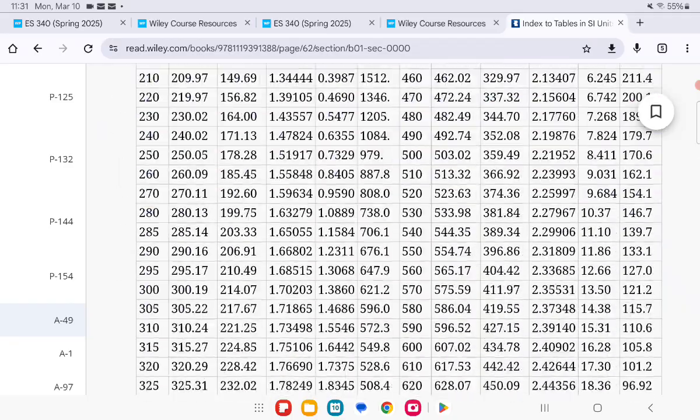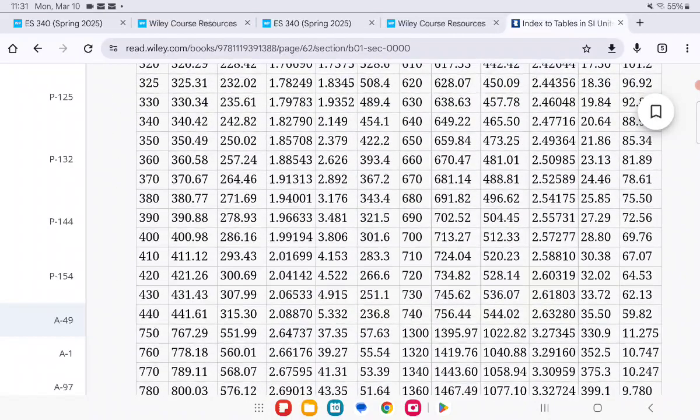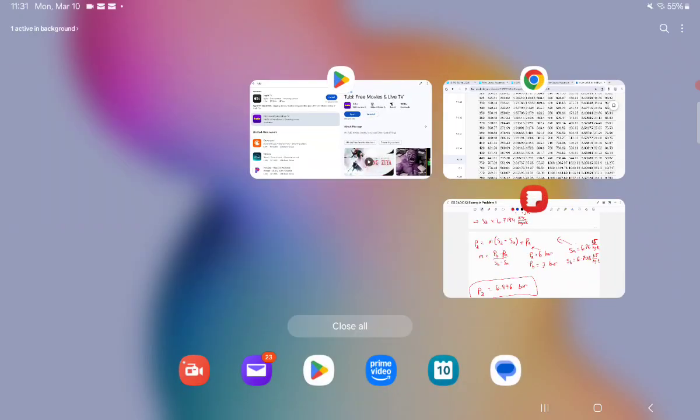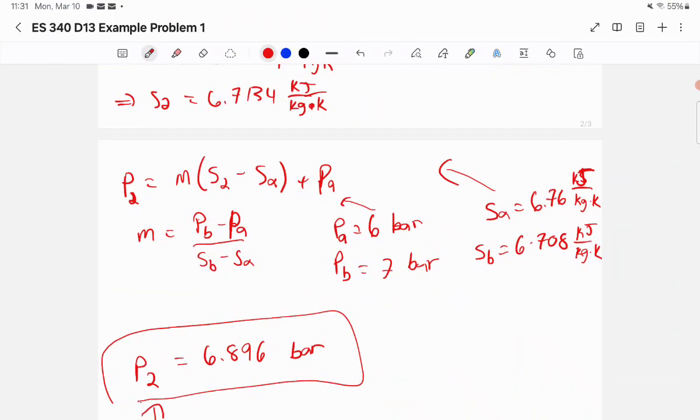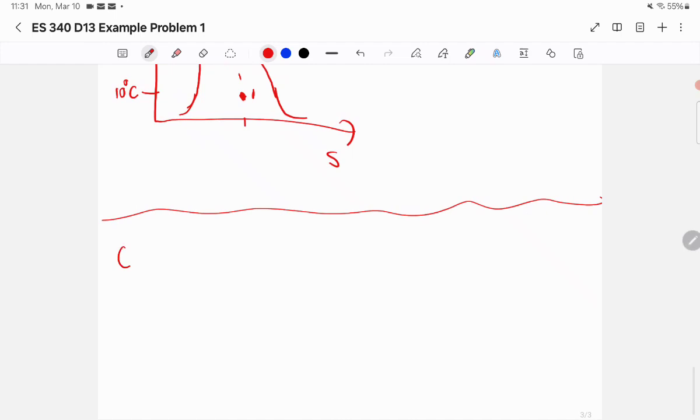So 400 Kelvin is 1.99194 kilojoules per kilogram Kelvin. So now I'm going to go back to here and write those quantities down. And you might say, wait a minute, how am I going to find pressure 2? Hold on a second, we'll get there.